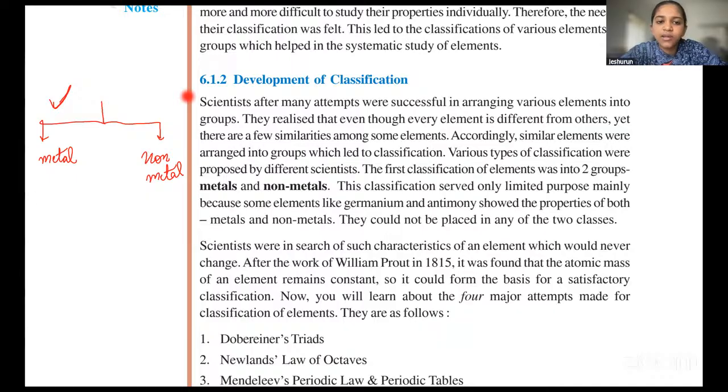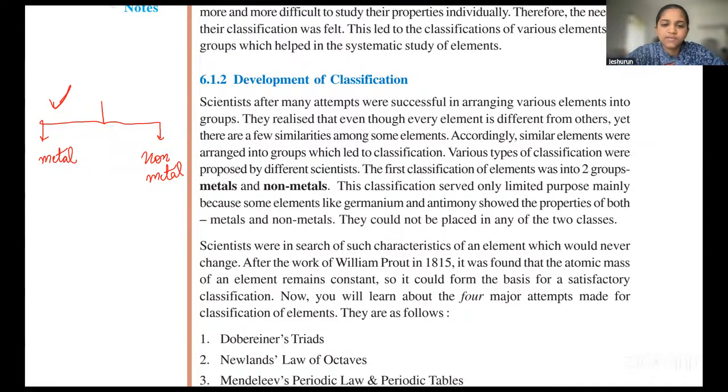Accordingly, similar elements were arranged into groups, which led to classification. Various types of classification were proposed by different scientists. The first classification of elements was into two groups, metals and nonmetals. This classification served only a limited purpose, mainly because some elements like germanium and antimony showed the properties of both metals and nonmetals. They could not be placed in any of the two classes.